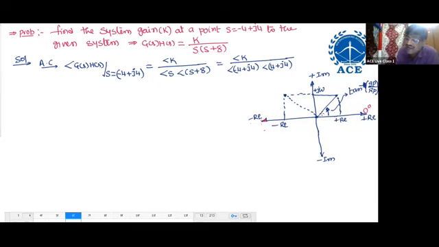So what is this angle? From here to here is 180 degrees, but it is not 180, it is less than 180.